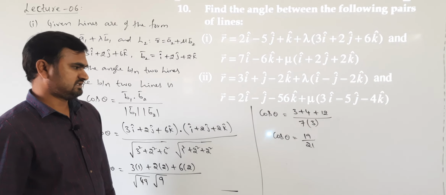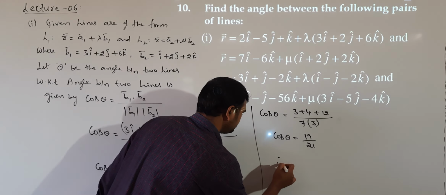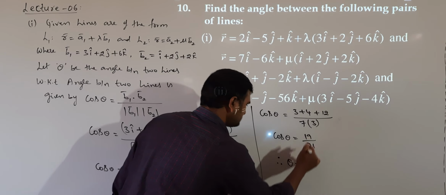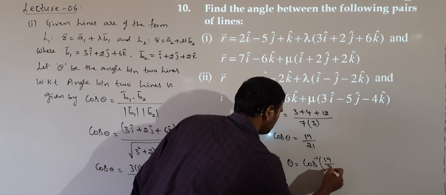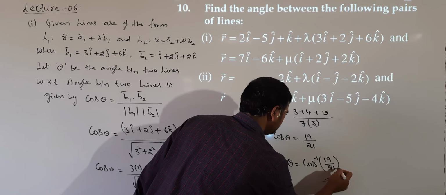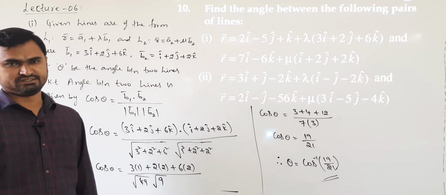We cannot cancel anything and it is not a standard value. So how can I write theta here? Send cos to this side, it is cos inverse of 19 by 21. So this is the required angle between the two lines.